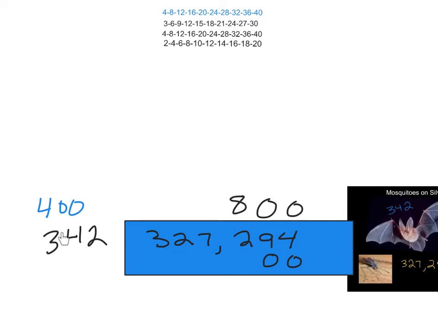Now I'm working with the real numbers here, so I'm going to go 8 times 2, which is going to bring me all the way over here to 16. I'm going to drop my 6 and carry my 1. So my 6 is going to go here, and I'm going to carry a 1 right over there. Now I'm going to go 8 times 4, which is going to give me the 32 here. And now I need to add this 1, so that's going to give me 33.